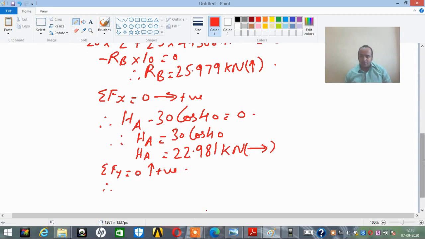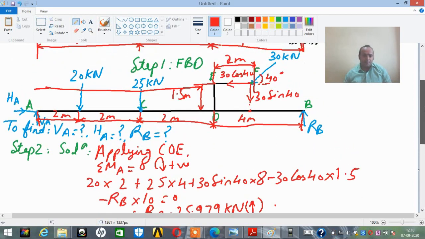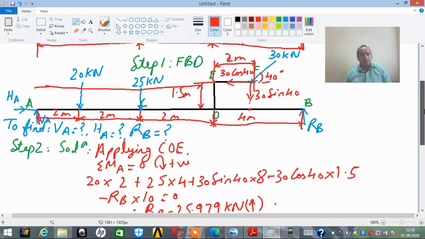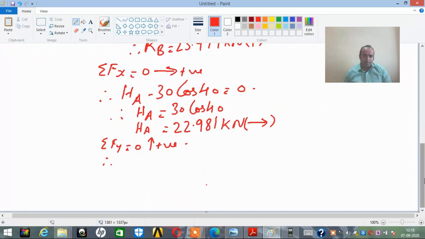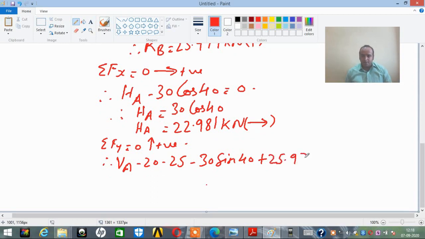Therefore, the equation will be VA minus 20 minus 25 minus 30 sin 40 plus RB. I can directly write the value of RB, plus 25.979, is equal to 0.